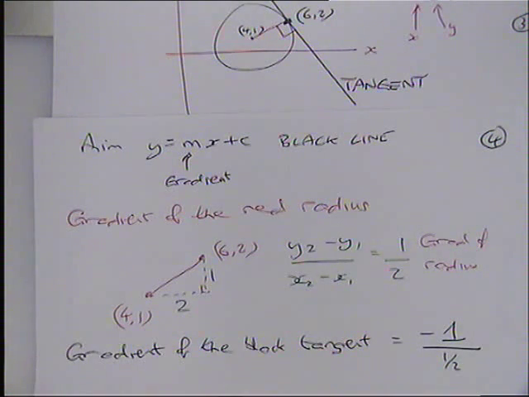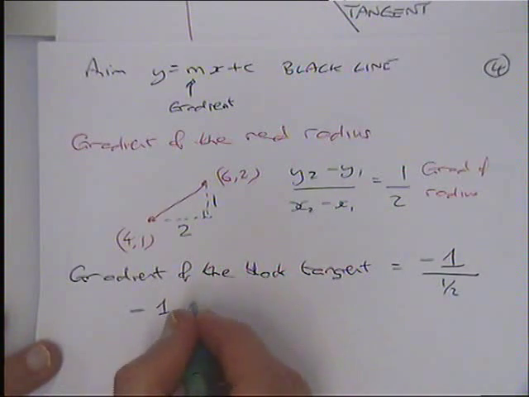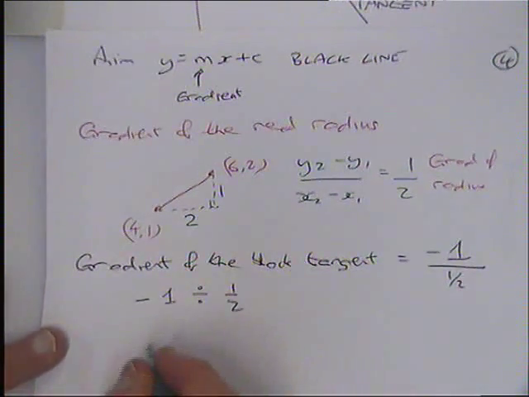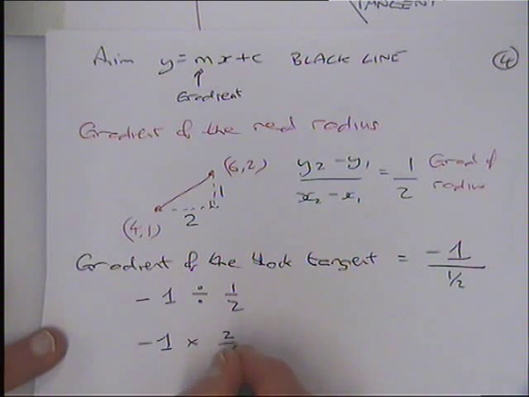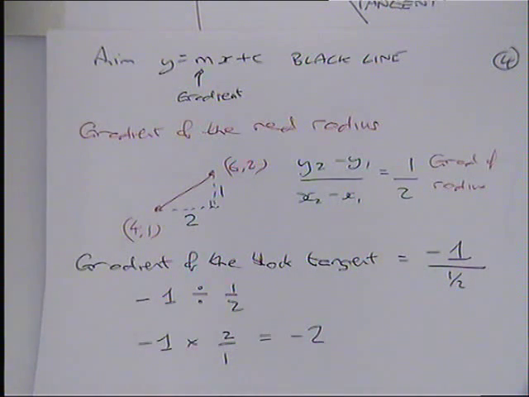So that means minus 1 divided by a half. And if you're dividing fractions, keep, change, flip, what are you going to get? Minus 2. Okay? So minus 2 is the gradient of the tangent.